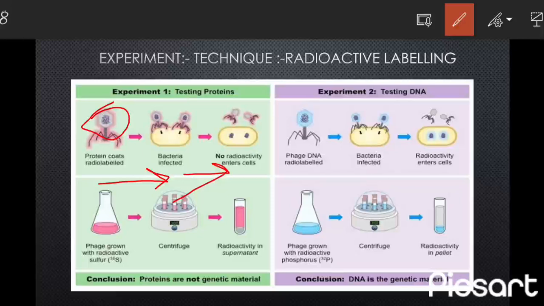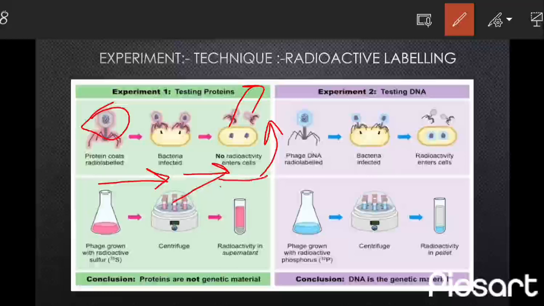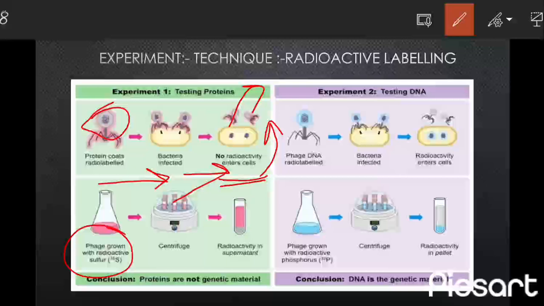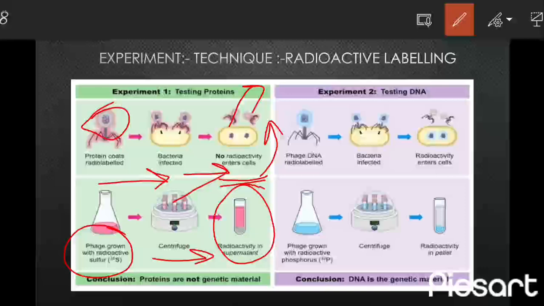The phage progeny were carried outside the bacterial cell, but no radioactivity entered the cell. When phages were grown with radioactive sulfur 35S, after centrifugation radioactivity was observed in the supernatant, not in the pellet, because after centrifugation we get two parts, the supernatant and the pellet. Radioactivity was observed in the supernatant because proteins are less dense molecules, thus they reach the supernatant part but not the pellet.